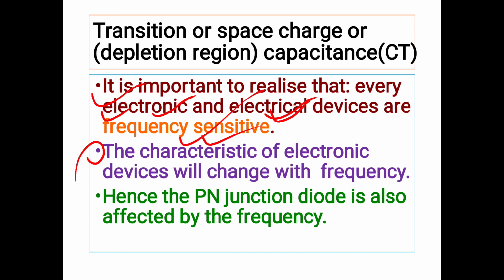The characteristic of any electrical or electronic device will change with the frequency. Hence the PN junction diode is also affected by the frequency, because the PN junction diode is also an electronic device.